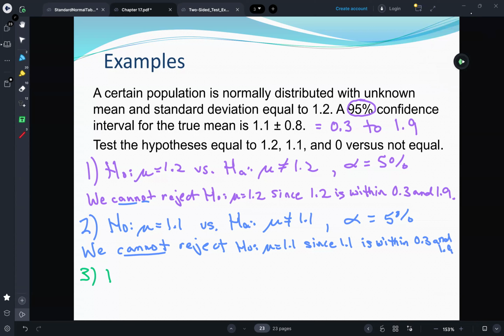Now we're going to check 0. So this time the null hypothesis is equal to 0 versus it is not equal to 0. Alpha is 5%. What's our conclusion of our test if we were to test this using the confidence interval? 0. Is it in or out?